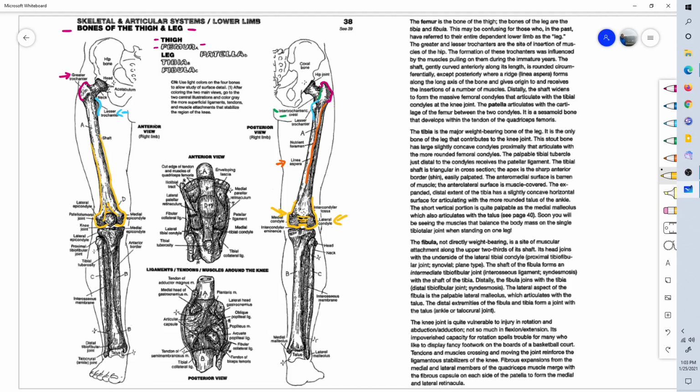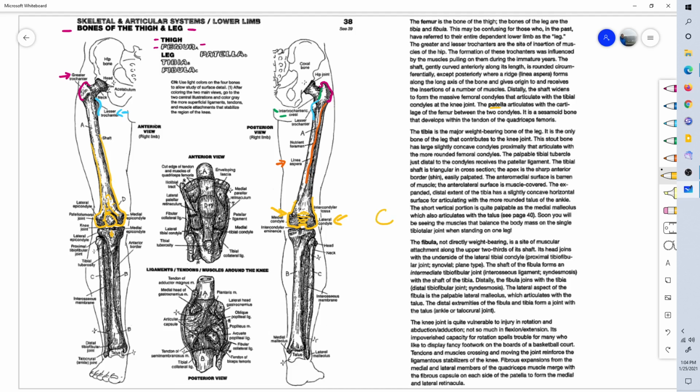And in that groove, the intercondylar groove, I guess you could call it, the patella, which is a sesamoid bone, articulates and slides up and down that groove. And on the posterior side is the intercondylar fossa.